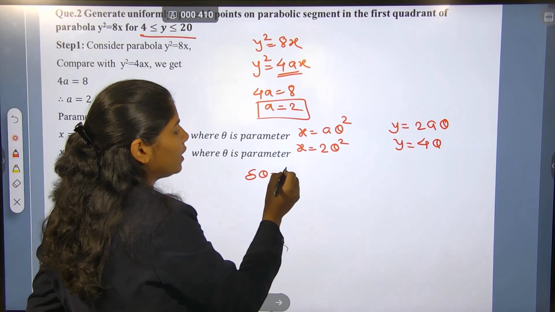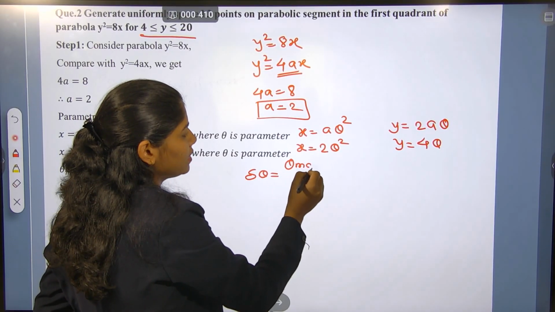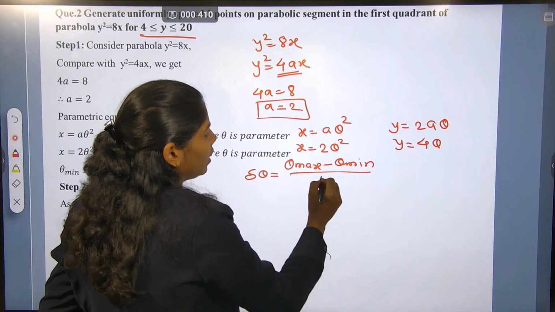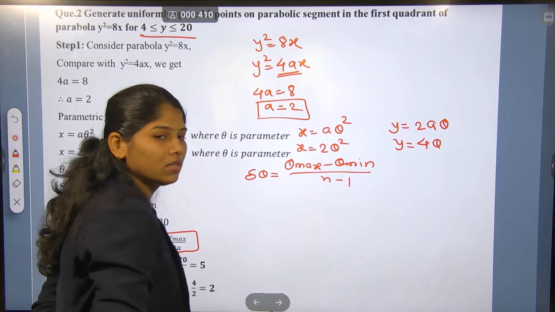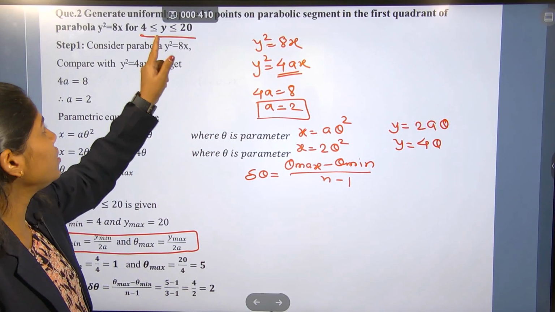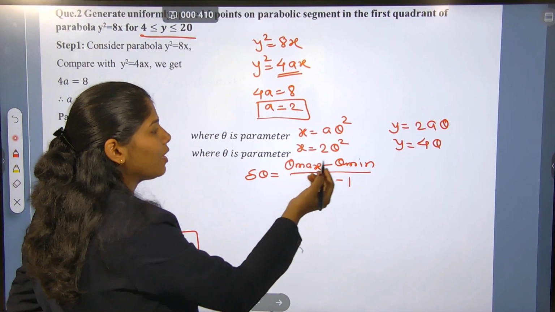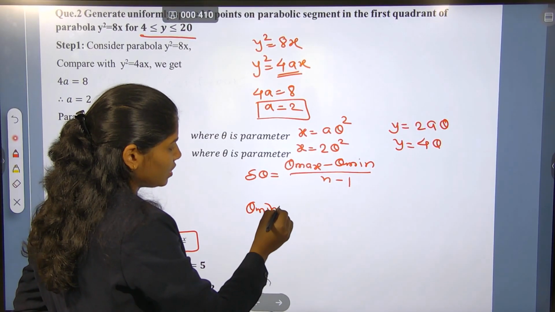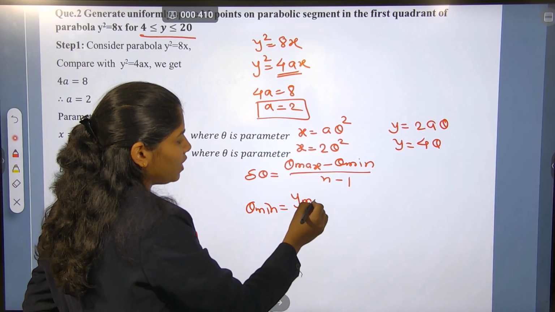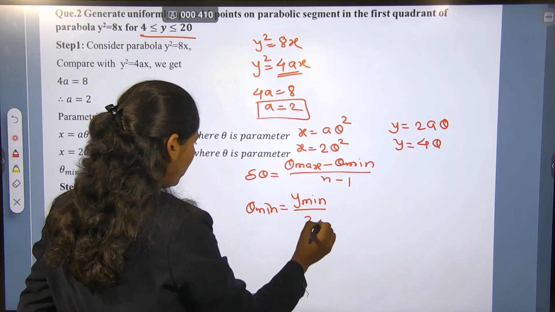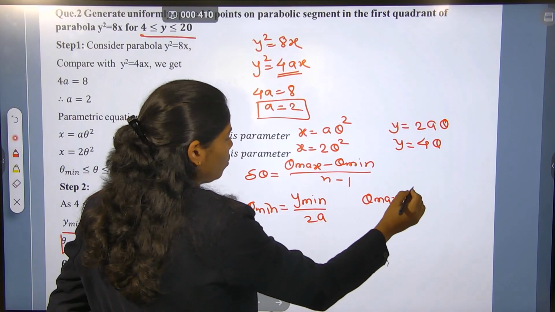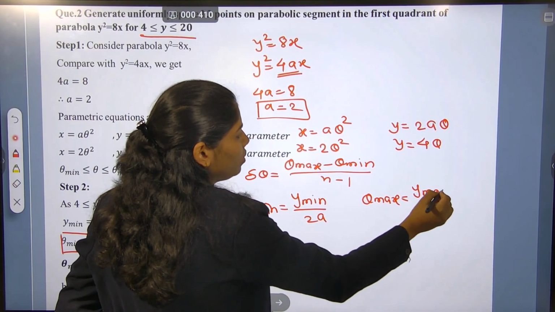So the formula for del theta is theta max minus theta minimum upon n minus 1. So we know the y range is given. Then the formula for theta max and theta min is theta minimum equals y minimum upon 2a and theta maximum equals y maximum upon 2a.